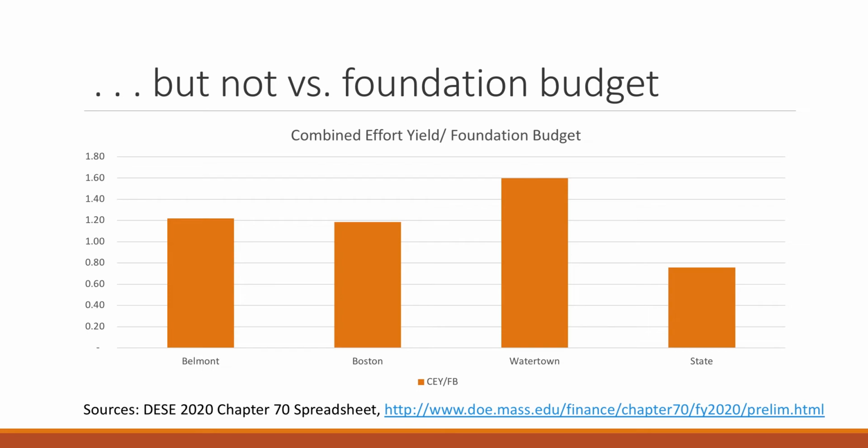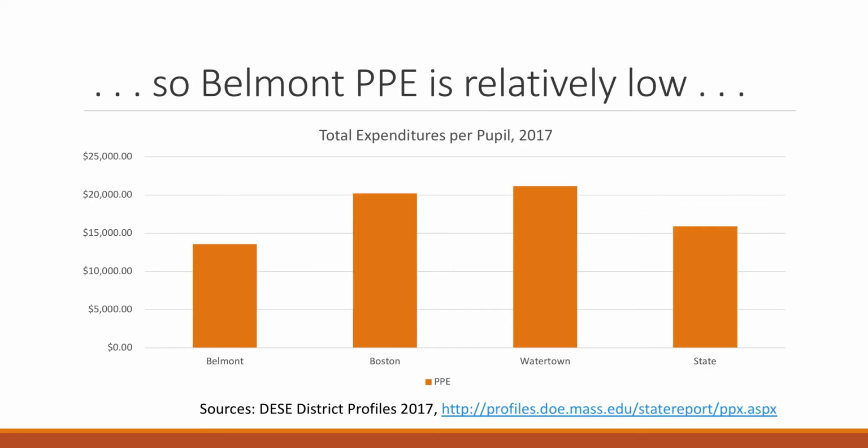Because they have a much smaller population proportionally, they're able to spend much more per student, but that spending still leaves many teachers and parents feeling that the spending is inadequate. This shows the per pupil spending across the three communities.